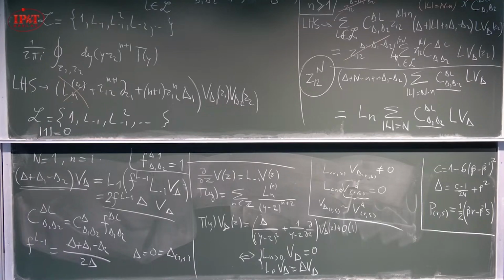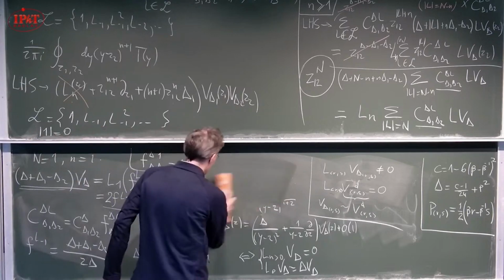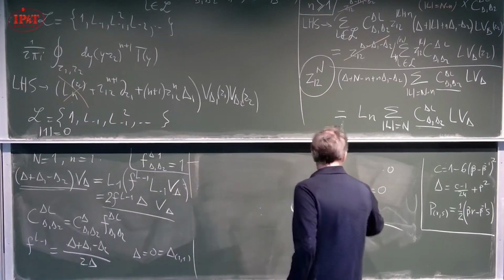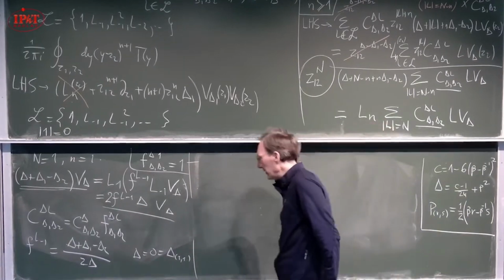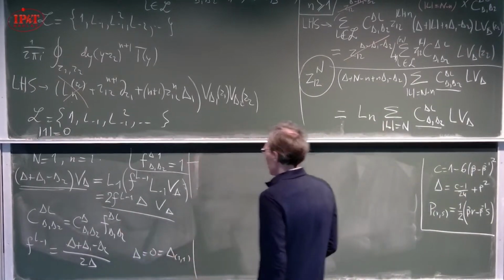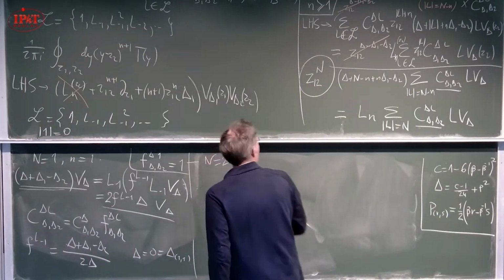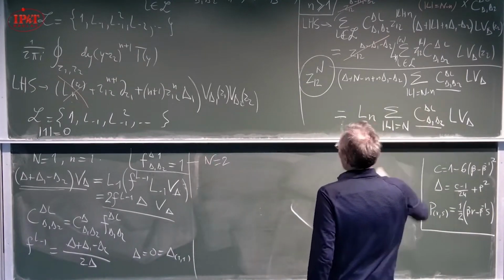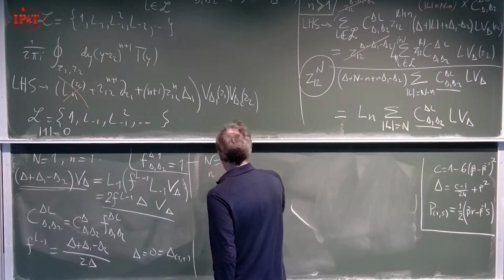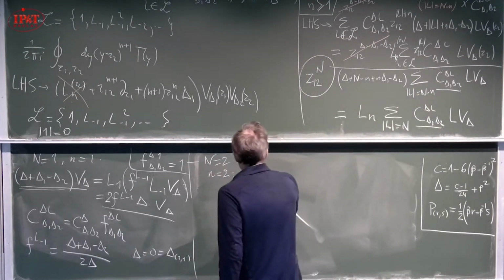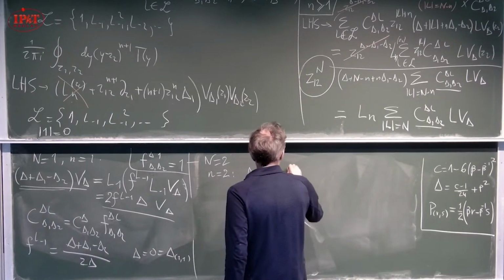Okay, so let's push the calculation to level 2. I promise I stop at level 2. The claim is still that I can determine uniquely the OPE coefficient here. So I have to consider big N equals 2 in this equation. The first thing I can do is small n equals 2. So we get delta plus 2 delta 1 minus delta 2.